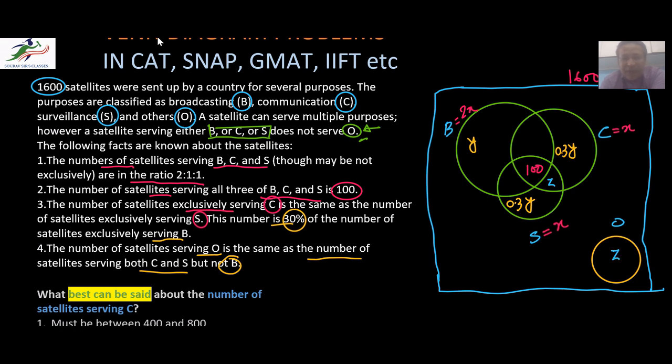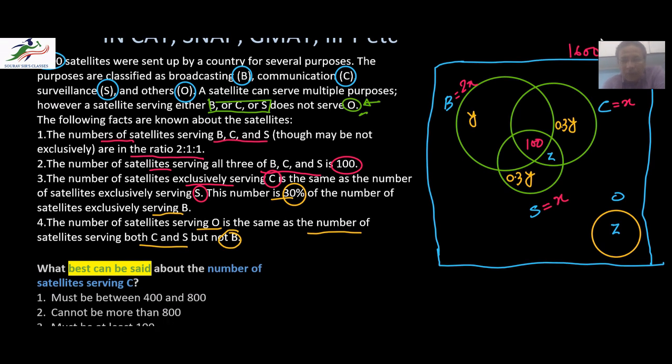So now we have to find out the rest before we go into the questions. The first thing to note here is that it is given that C and S have the same value. Now if I look at C, it is made up of this, this, this, and this.